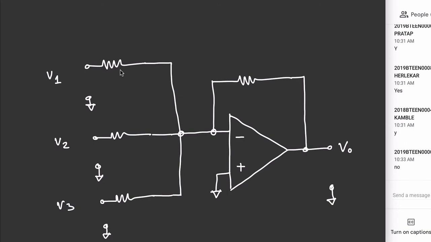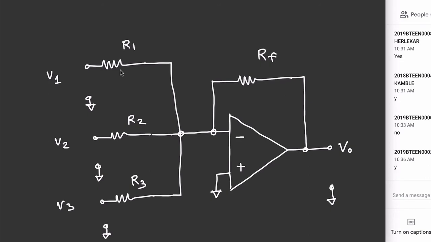So everybody understood this? R1, R2 and R3. We'll call this as RF, feedback resistor. Is this properly visible? Okay, good. So please draw the circuit diagram. It's a simple one. When done, type D.